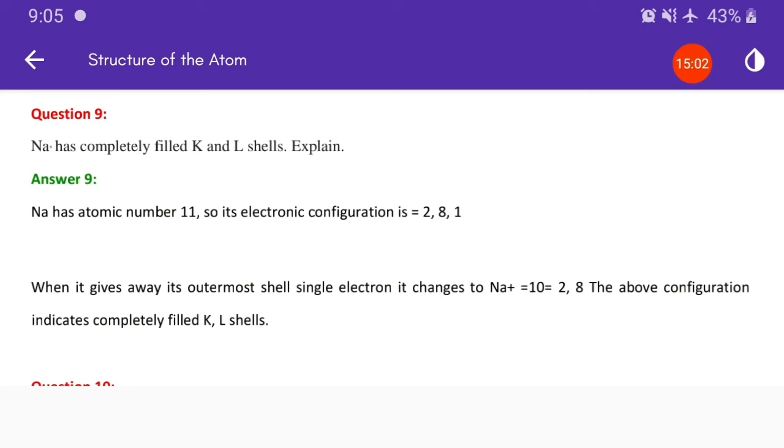So that is why it becomes 10, meaning 2, 8, and the above configuration indicates completely filled K and L shells, because one electron will be donated to the other element. Like we can take the example of sodium and chlorine. So NaCl will form with the help of sharing one electron with each other.